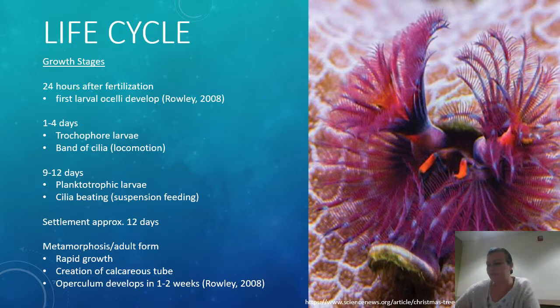After settlement, Spirobranchus giganteus secretes a mucus tube at first. This is the basis for the calcareous tube. As stated before, the larvae of S. giganteus does not bore into the coral, rather the larvae build a tube that is incorporated into the new growth of the coral skeleton. And that's described by Rowley 2008, Smith 1984A, 1985, and Roos and Pilelli 2001.